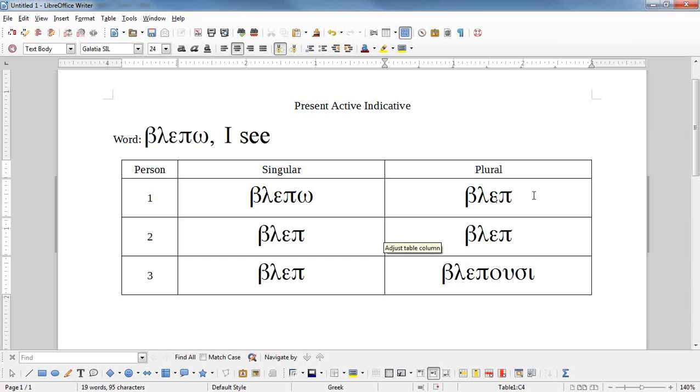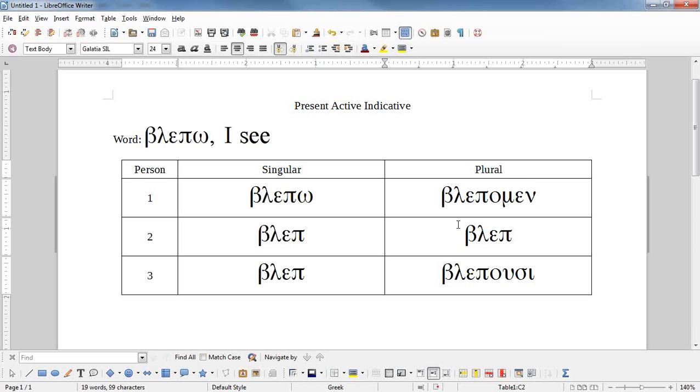Let's go up. Let's go first person plural. Who wants to do that one? And raise your hand via webinar if you want to try it out. All right, go for it, Patricia. You would do the omicron, mu, epsilon, nu. Very good.